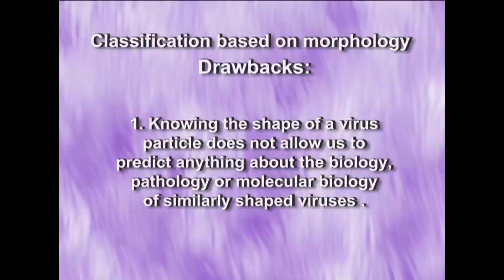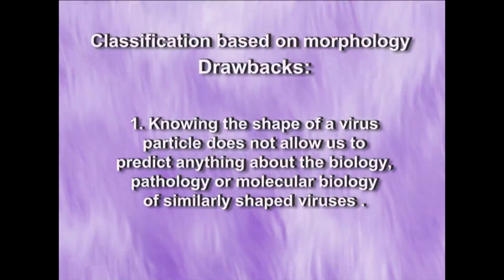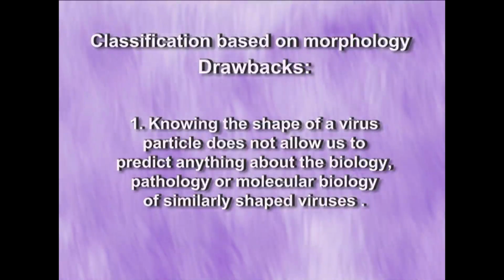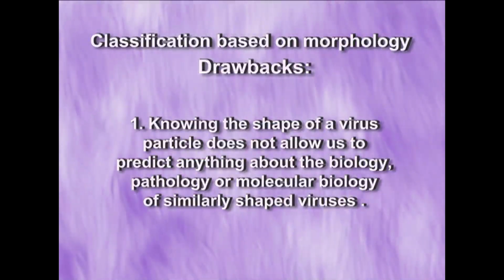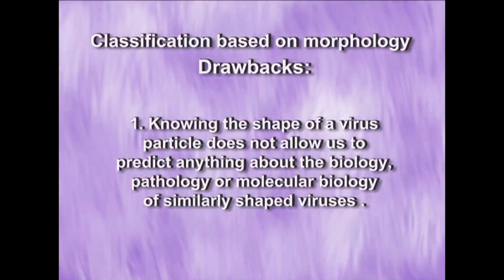This type of classification was much more sensible compared to the previous classification systems, because herein we were at least clustering the viruses on the basis of their morphologies. But there are still many drawbacks: knowing the shape of a virus particle does not allow us to predict anything about the biology, pathology, or molecular biology of similarly shaped viruses.